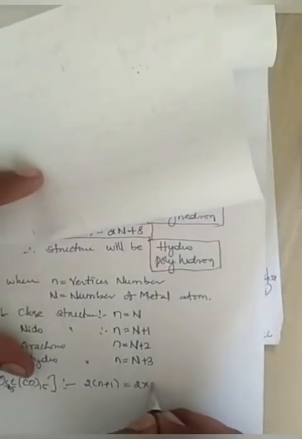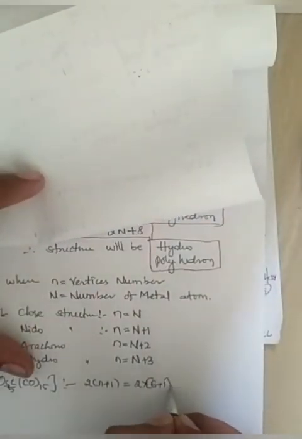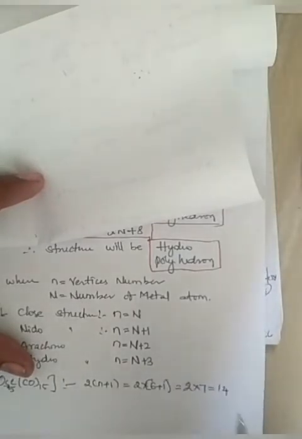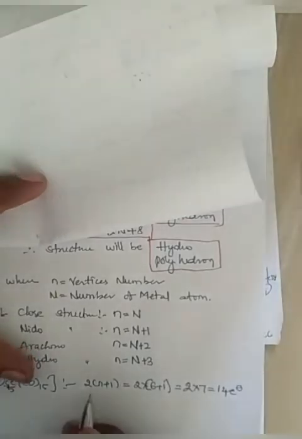So 2 into 6 plus 1 equals 2 into 7, which equals 14. The skeletal electrons will be equal to 14.